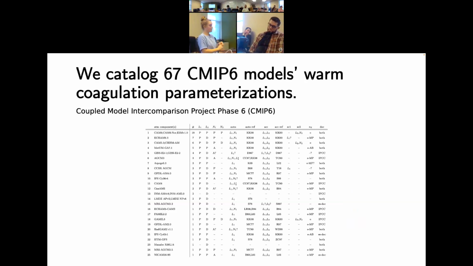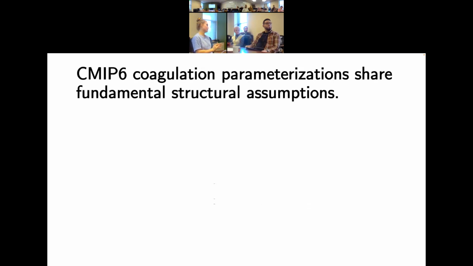Okay, so to see what the global models are doing, we take CMIP6, the most recent global model intercomparison, and we catalog how they're representing coagulation. And basically what we find is, even though there are lots of details that are different, these parameterizations all share the same fundamental structural assumptions.